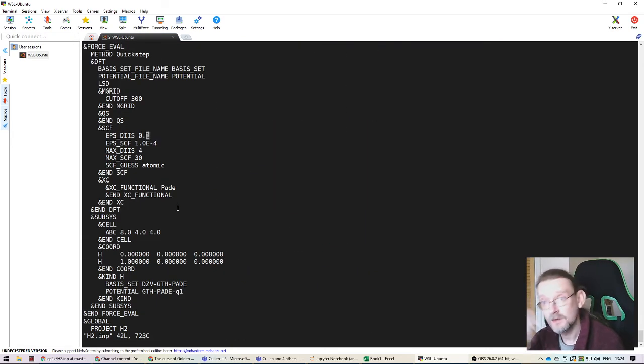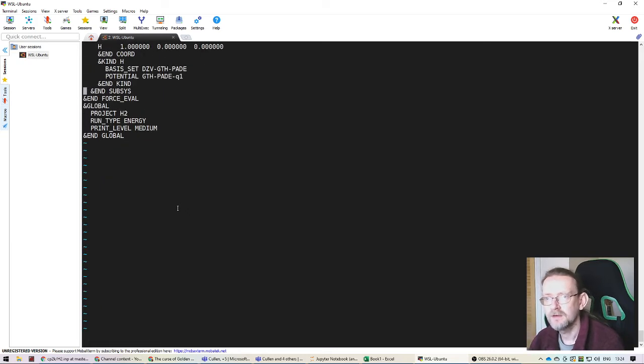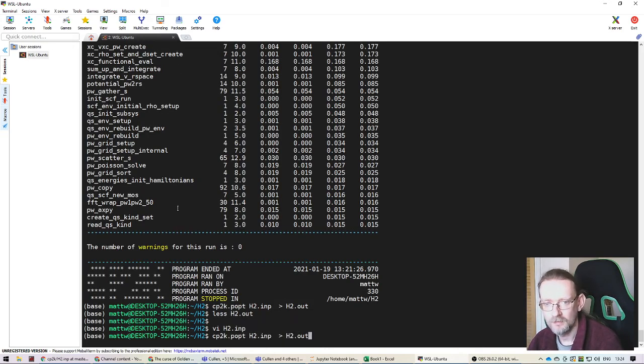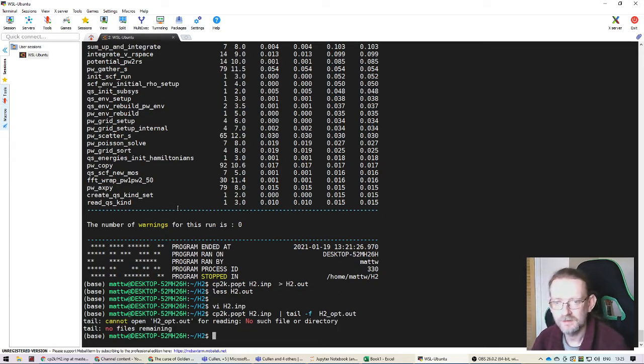Just as an example, we can actually change our run type to GEO_OPT, and it will try and optimize.